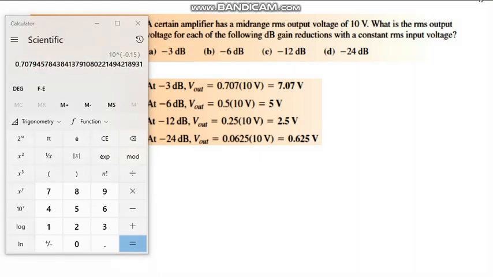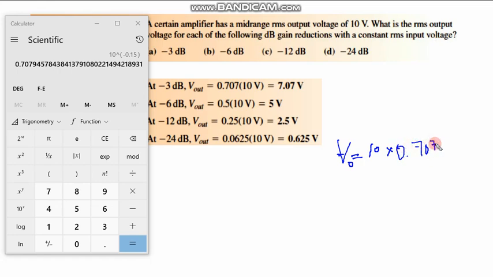So I can write over here, this ratio is, V out is equal to 10. The new value of V out will be 10 times 0.707.